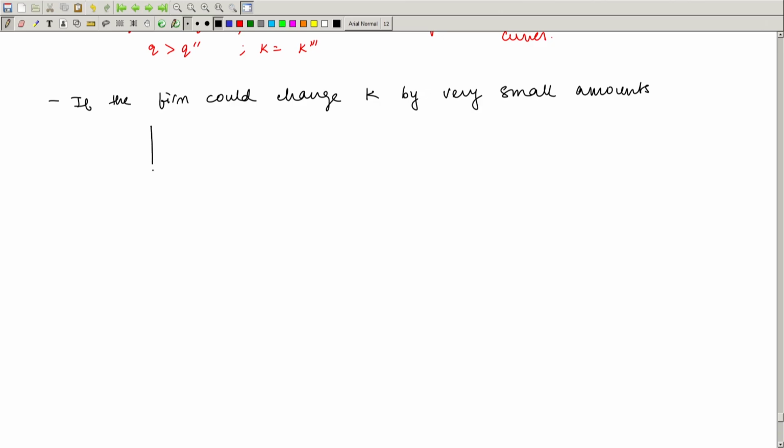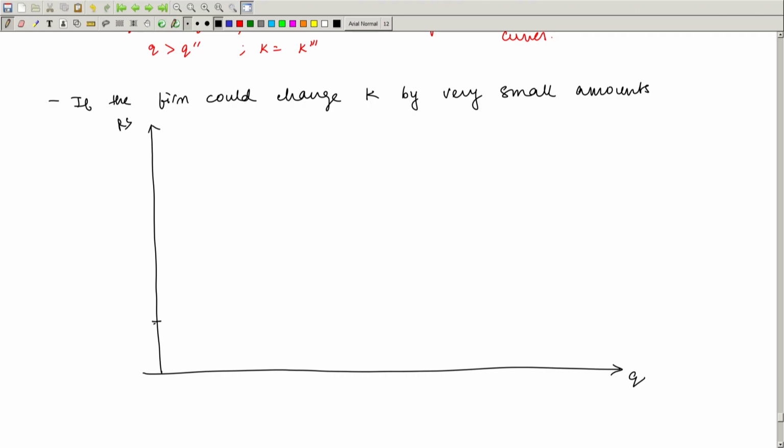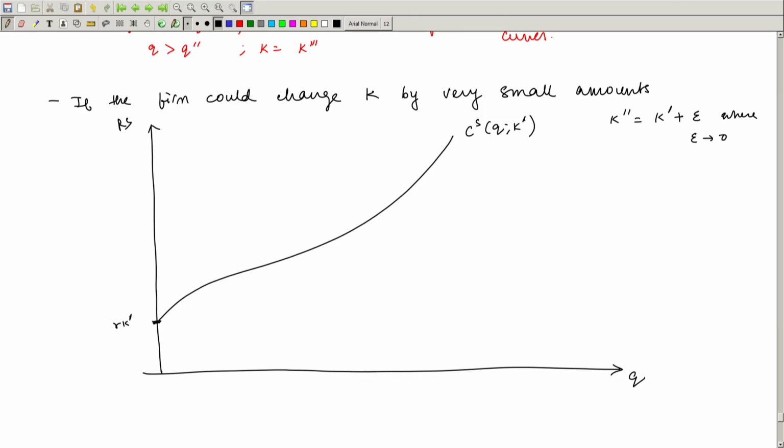So, think of a picture where you are giving me different values of k. Let us say we start with a short run cost curve, and my k double prime equals k prime plus epsilon, where the epsilon is tending to 0. So, you are changing k by a very tiny amount. Think of the smallest possible change in k that you have.